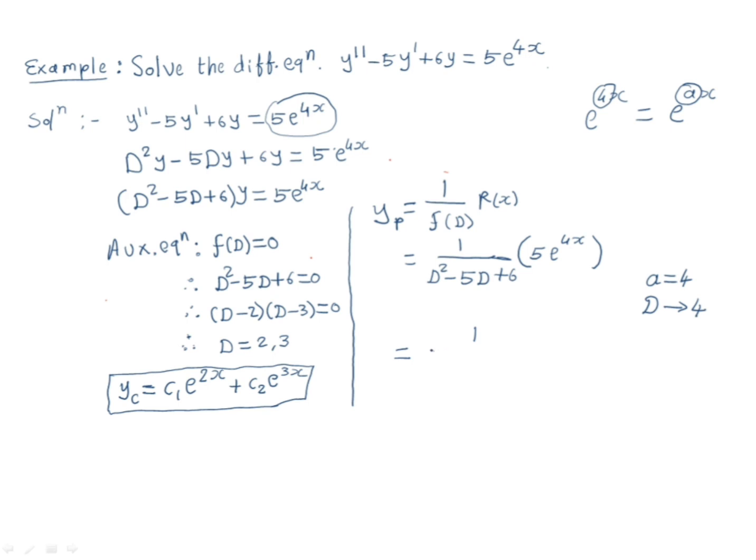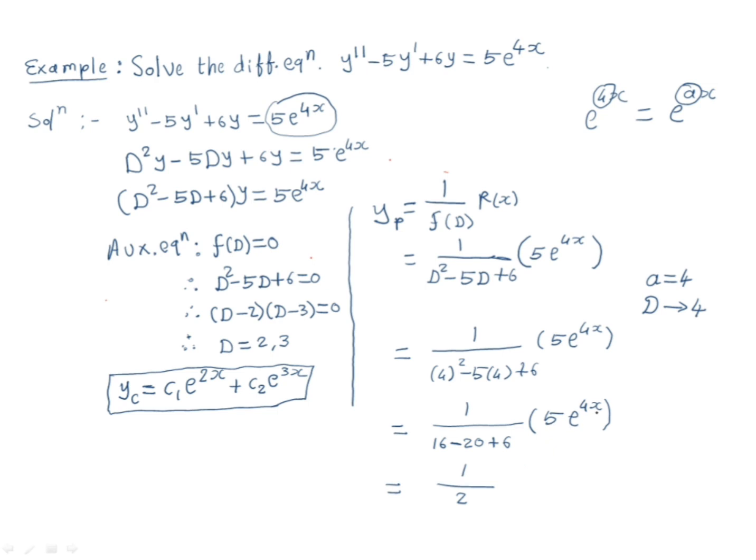Just replacing d with 4, I will have 4 square minus 5 into 4 plus 6, and this term 5 times e raised to 4x stays as it is. Simplifying, 16 minus 20 plus 6, which is 22 minus 20, it will be 2, so 1 by 2.